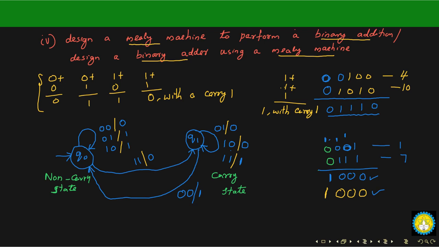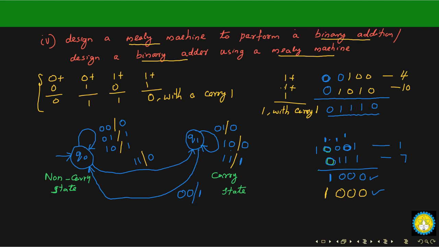You can also try out by extending the question. Let's say I want to extend this question. Say I want to add 1 1 0 0 0 0 1 to 0 0 0 1 1 itself.